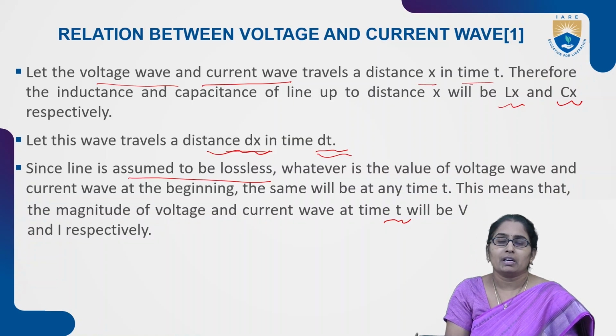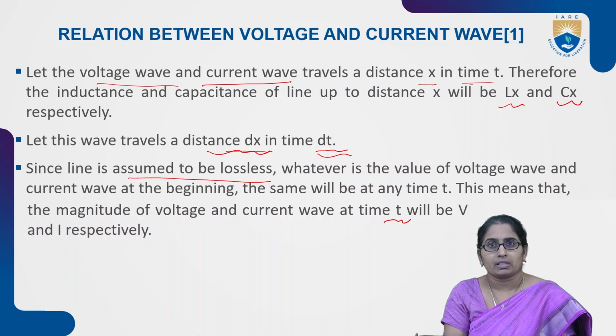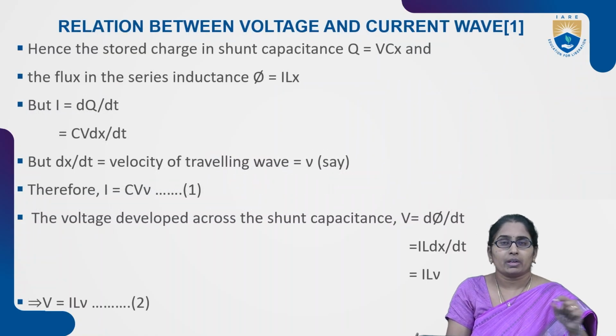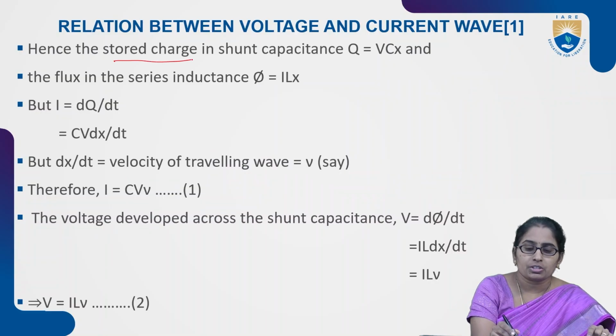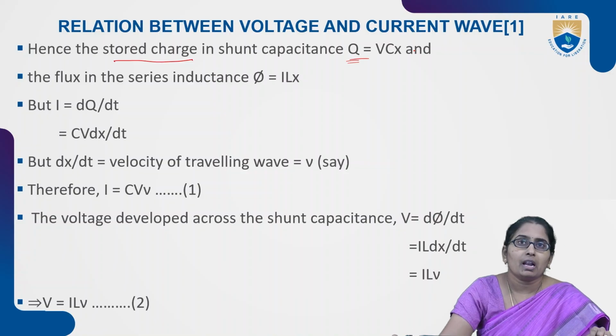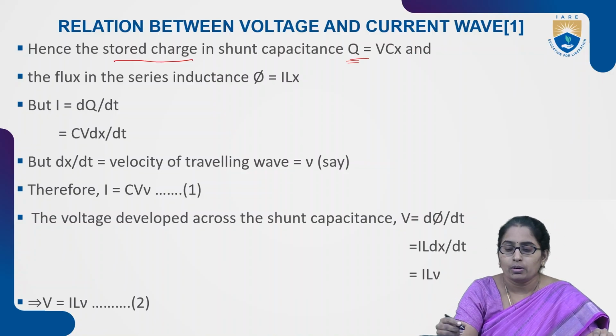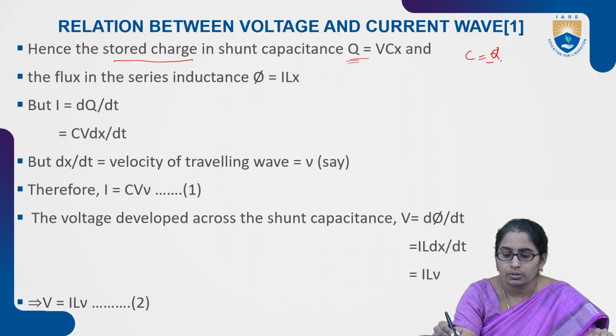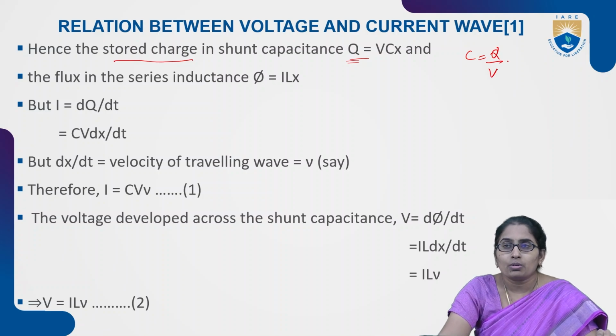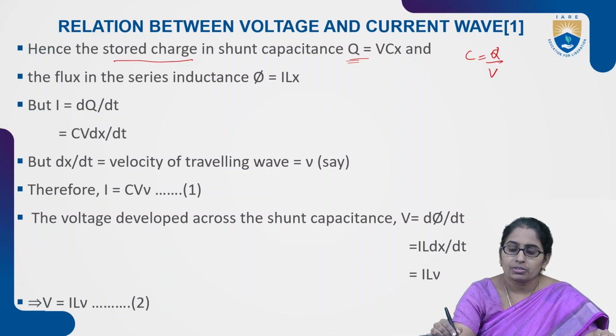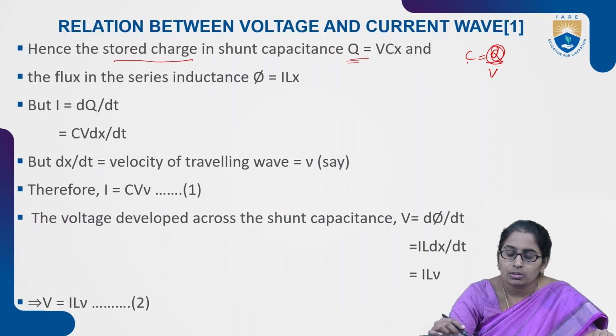Now write the charge Q and the magnetic flux. The stored charge in the line is given by, from the relation C is equal to Q by V, Q is equal to voltage into capacitance.